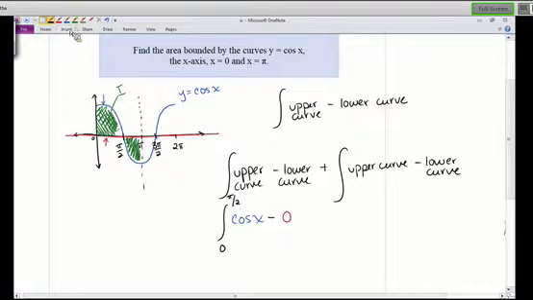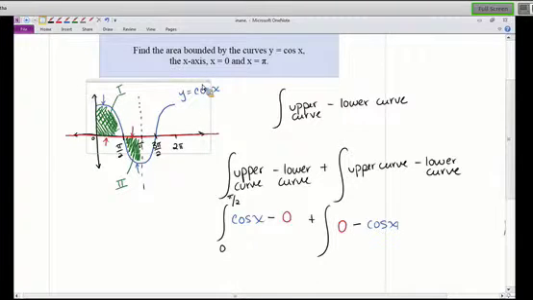All right, now let's substitute into the second shaded region. So this is going to be plus the integral of the upper curve minus the lower curve. Now be very careful when we're highlighting our curves in the second region, because now our upper curve is going to be y is equal to 0 minus our lower curve, which is now going to be what I highlighted in blue, our cosine x.